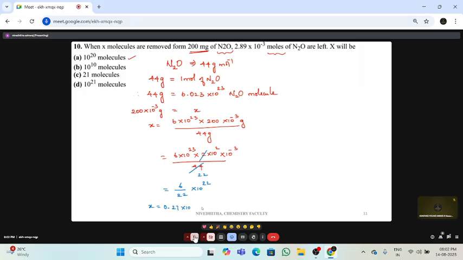See here, the x, what I mean is number of molecules of nitrous oxide present in 200 milligram of nitrous oxide. Okay, so the initial quantity present was 0.27 into 10 power 22.